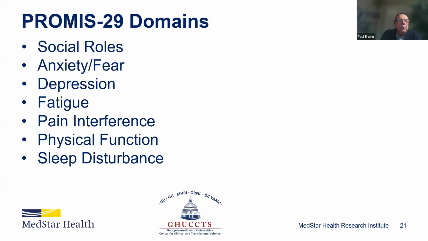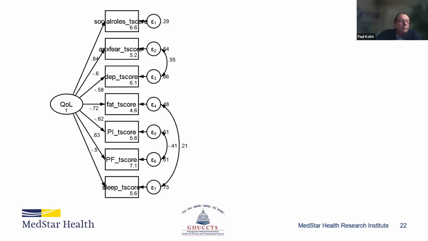But anyway, these are the 7 domains that we're going to look at to see whether or not we can define a latent variable that we'll call quality of life measurement. And so you see here that I have the factor loadings. With social roles, the factor loading is 0.84. With anxiety, it's negative 0.6, and so on.